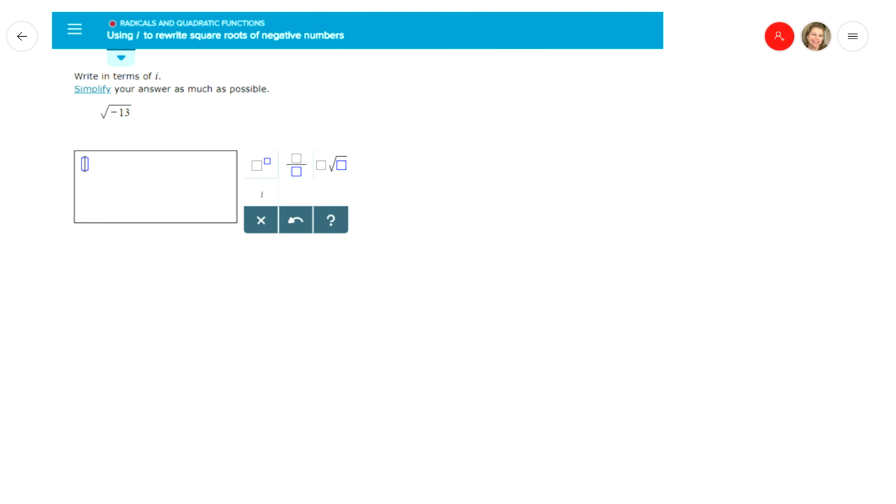So one more where you have to simplify it. Let's say it's, come on, pen, the square root of negative, how about 50, a negative 50. If I were doing this, I would be like, okay, a perfect square factor of 50 is 25.